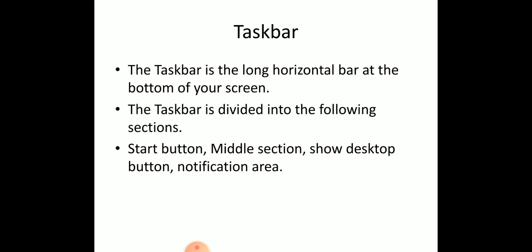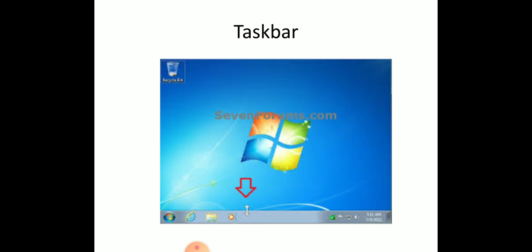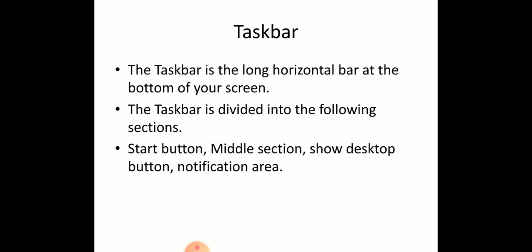The taskbar is divided into the following sections: start button, middle section, desktop button, and notification area.